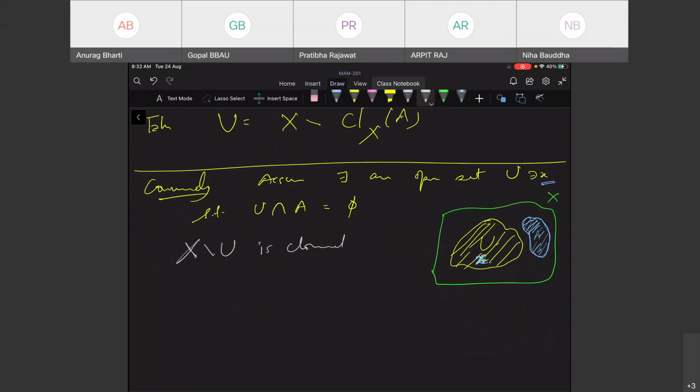Let us draw that with a red color. So this part is X minus U.